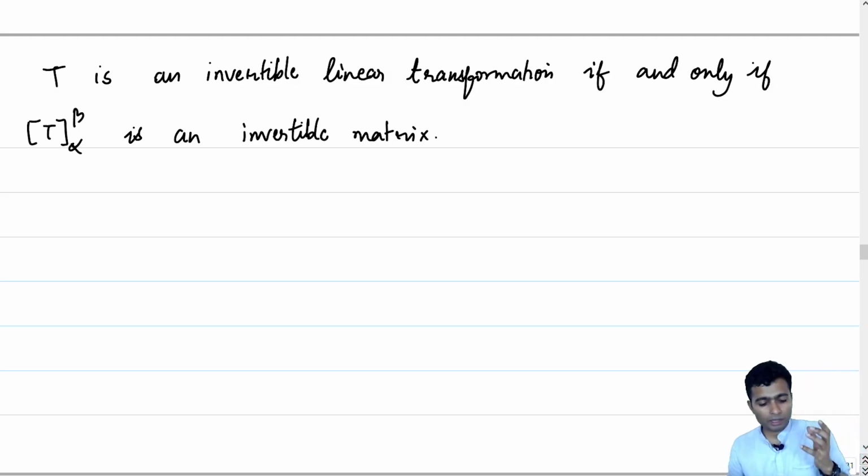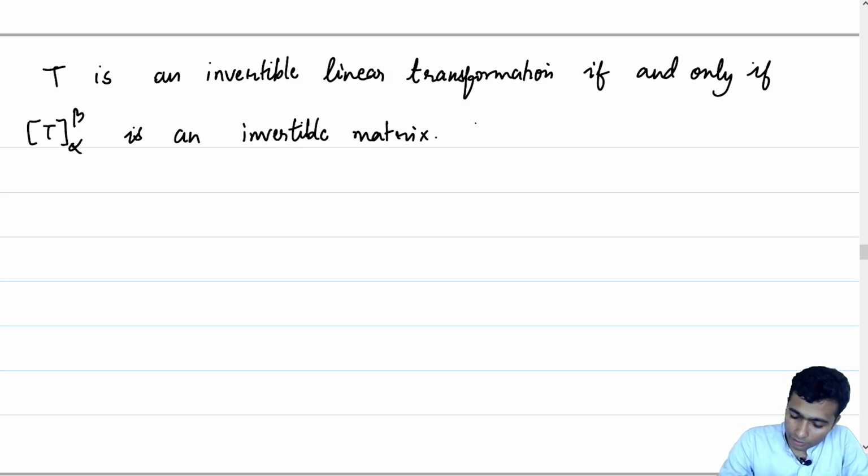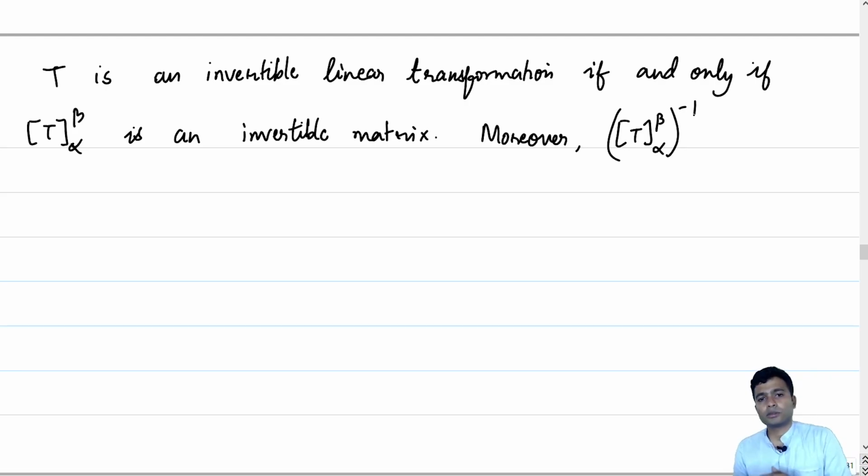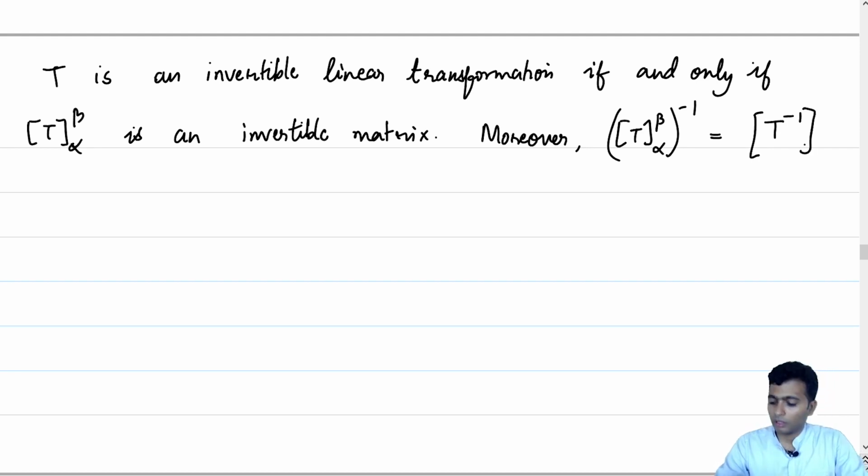Not just this, we exactly know what the inverse of this matrix is. Moreover, the inverse of this matrix just turns out to be the matrix associated to the inverse of T, the inverse linear transformation. So this is just the matrix of T inverse. Now, recall that T inverse will be a map from W to V, and therefore this will be beta alpha. So we exactly know what the inverse of our matrix corresponding to this particular linear transformation is.